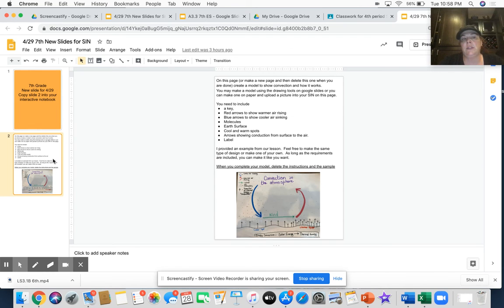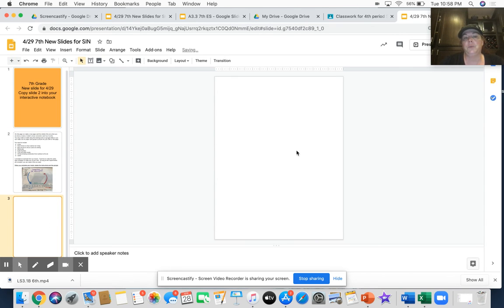Okay, so you're going to put this into your own notebook. When you're done, you need to delete this page. Okay, when you are done, I don't want to see this page in your book. I want to see yours. One thing I would do if it were me is I would just add a slide. So let's pretend this is in your notebook. Add a slide, do your work on this slide.